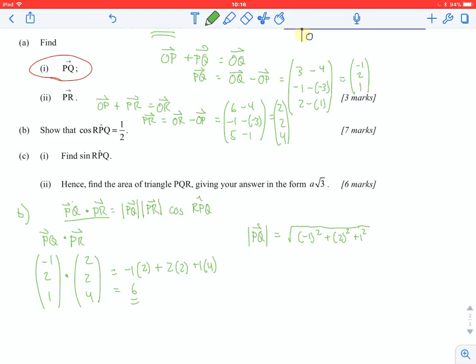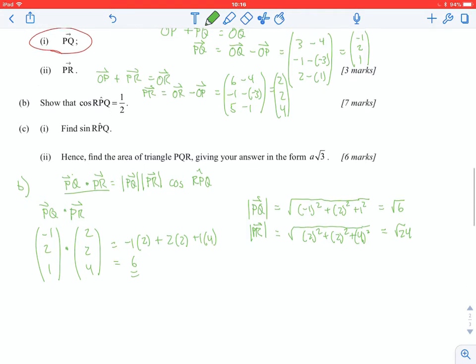It's a good idea to keep them in parentheses so you don't make any sign mistakes. Putting all of that together, we end up with the square root of 6. The magnitude of PR we do the exact same way: the square root of 2 squared plus 2 squared plus 4 squared, which ends up being the square root of 24.